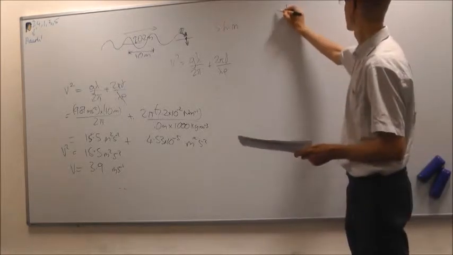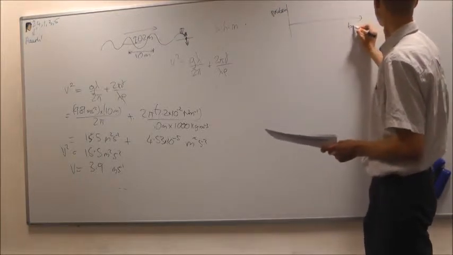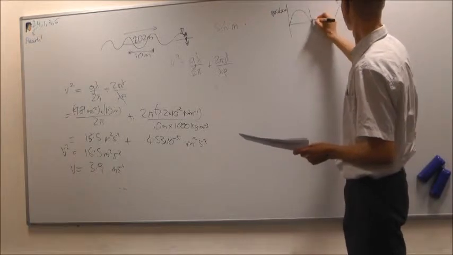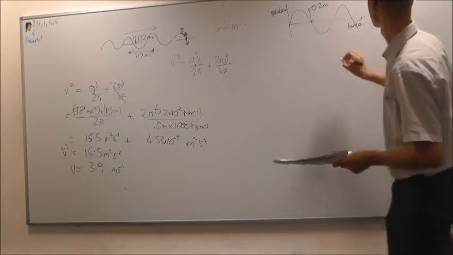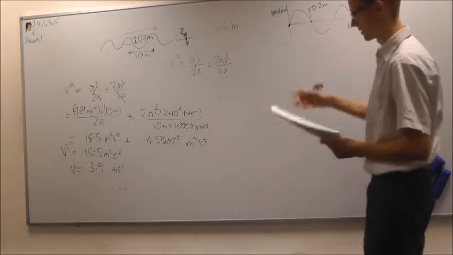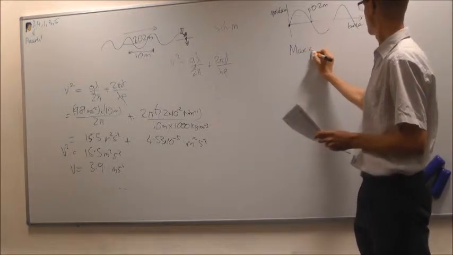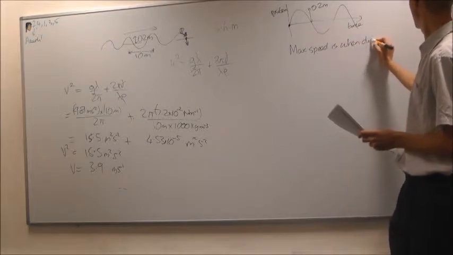If we plot cork position against time, it's going to do that. It's going to bob up and down by 0.2 meters. There's our time. So max speed is when displacement is 0.